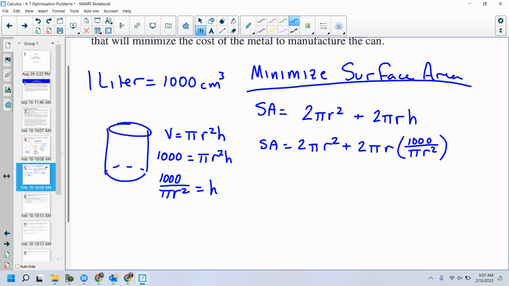Okay, let's reduce that a little bit. So surface area is going to be equal to 2 pi r squared plus, okay, the pi's are going to cancel. This radius is going to cancel out with one of my exponents for my r. So 2,000 divided by r.